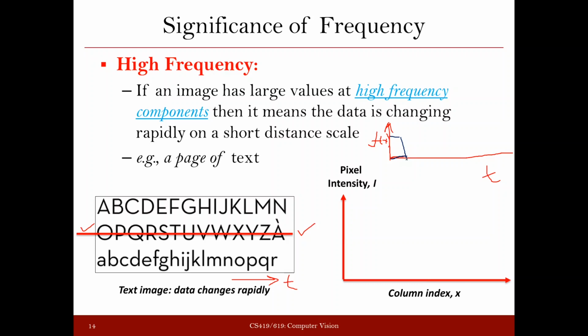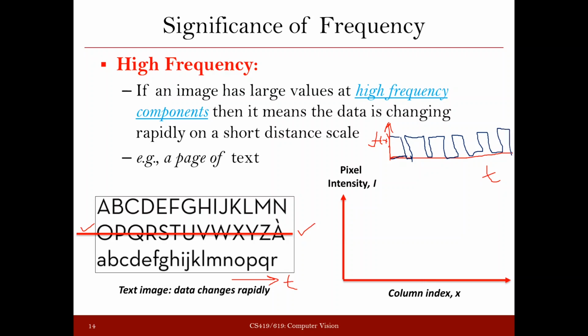For a very short period the values are black, 0, and after that the interior region of O is white, so your function goes back up, and for a longer duration it is white. Then again you find an edge, so it comes down, for a short period it is 0, and like that. So your function will be something like this.